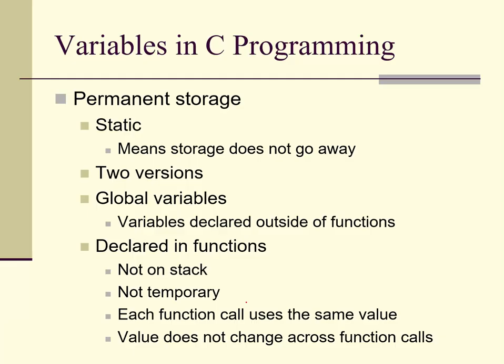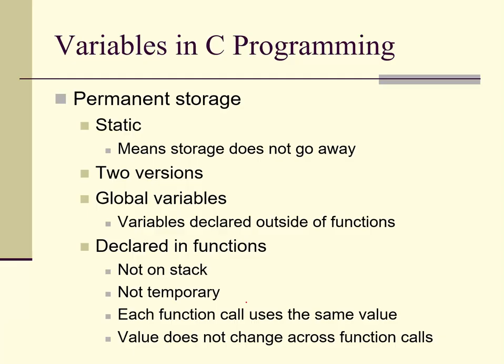So permanent storage in C programming is referred to as static, kind of, sort of. The notion of static means what it says, it doesn't move. That means the storage did not go away. And so there's two versions of static variables. One is global variables. They're inherently static, even if I don't put a static declaration on them.